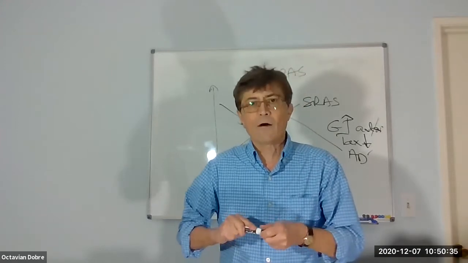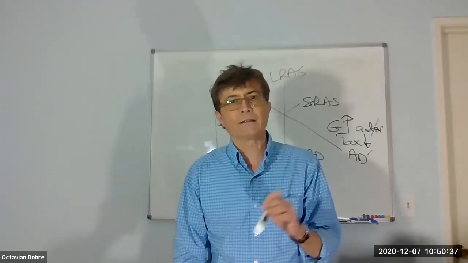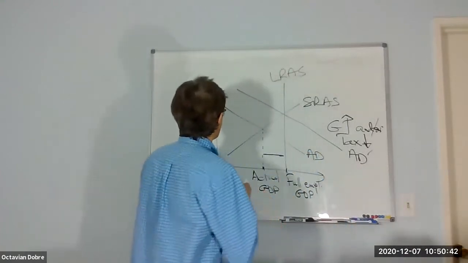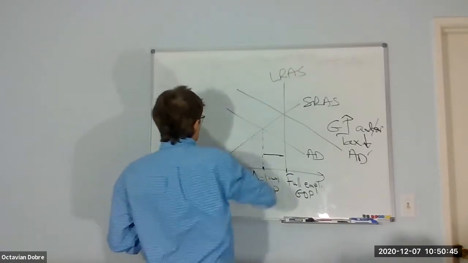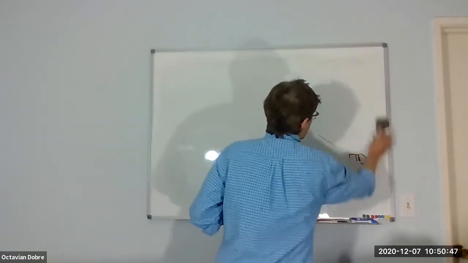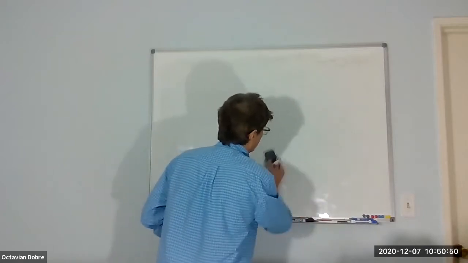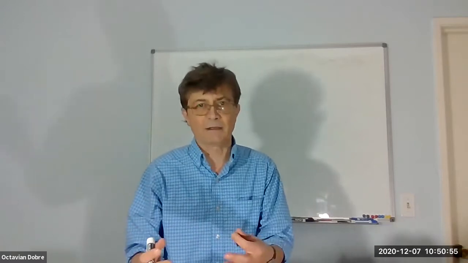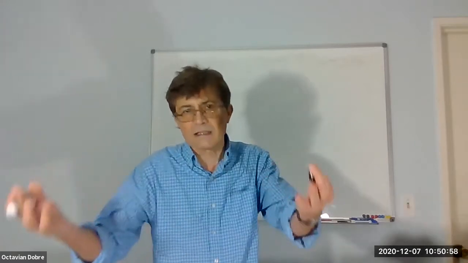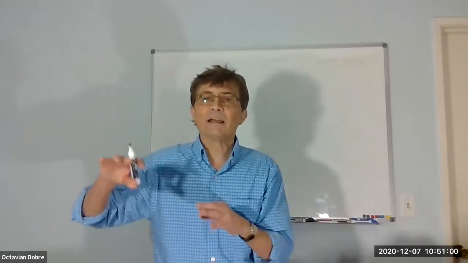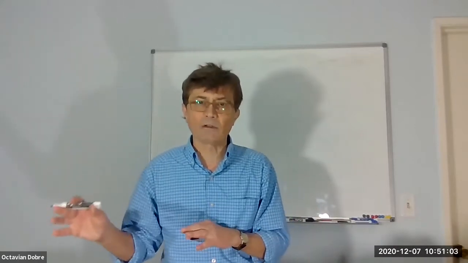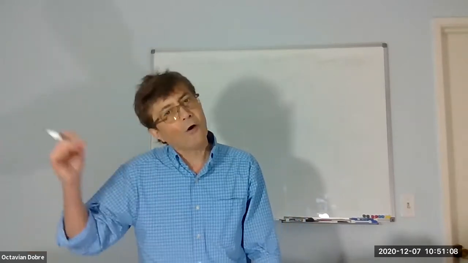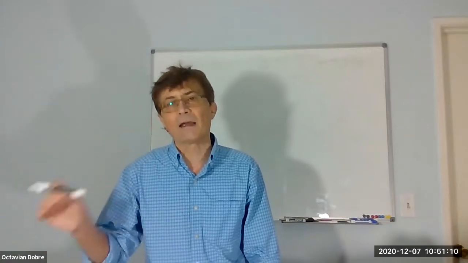Okay. Now, we also discussed the fact that there is a spending multiplier. In other words, any increase in government spending or in investment or in business spending, any increase in spending is going to get multiplied by the spending multiplier, which was equal to 1 divided by 1 minus MPC, or another formula was 1 divided by MPS.